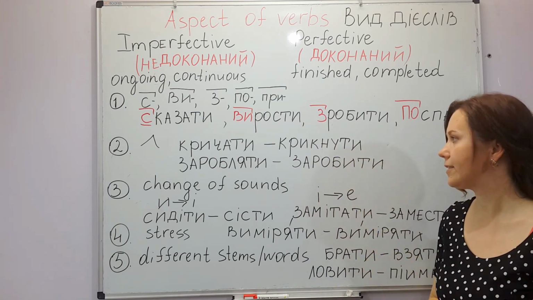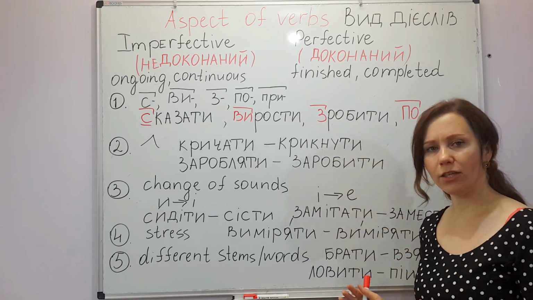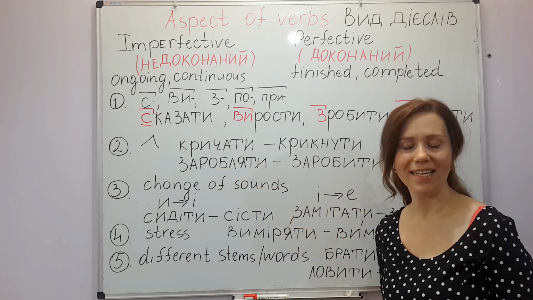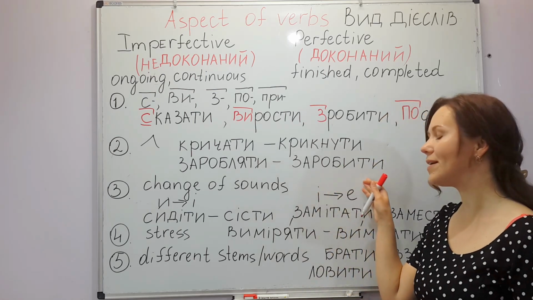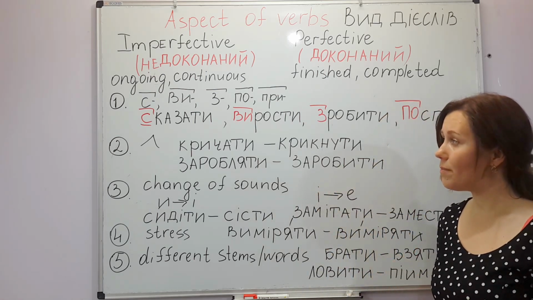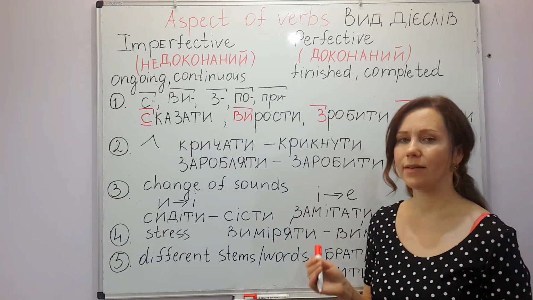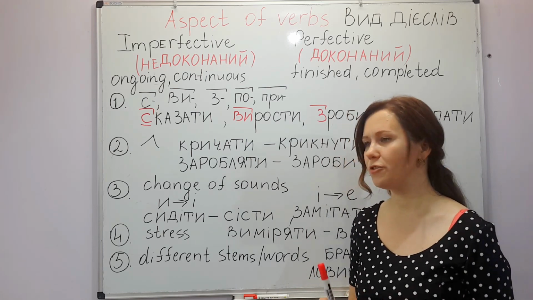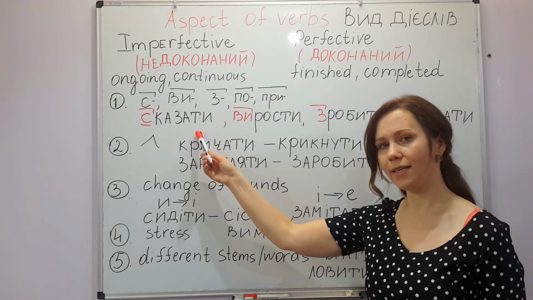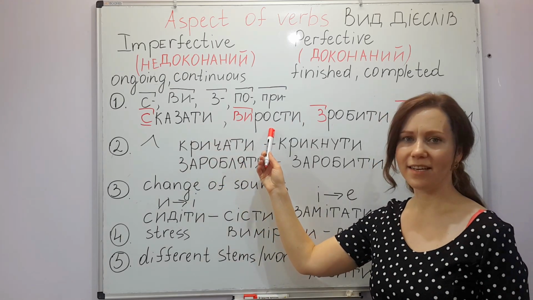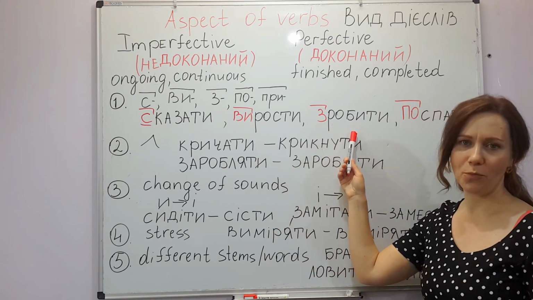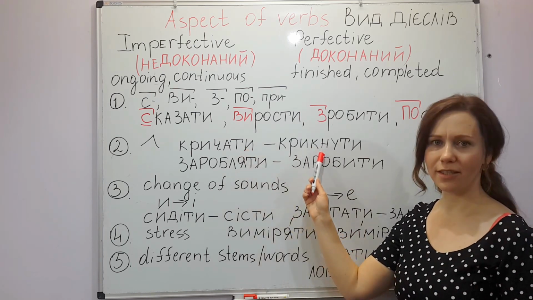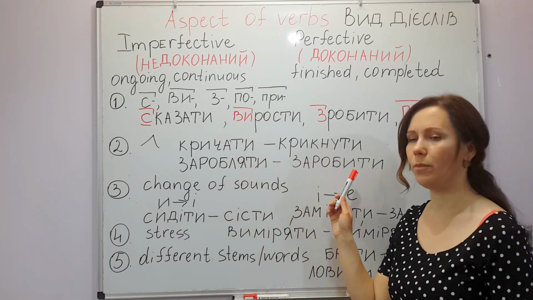Here we have a suffix. Заробляти, to earn money; заробити. So again, try to learn the most frequently used verbs, maybe in pairs like казати, сказати; рости, вирости; робити, зробити; спати, поспати; кричати, крикнути; заробляти, заробити.